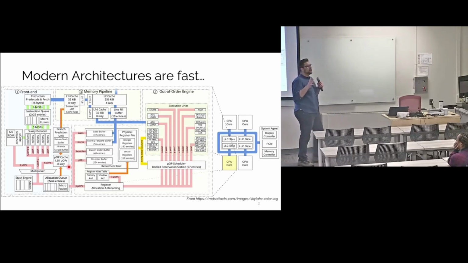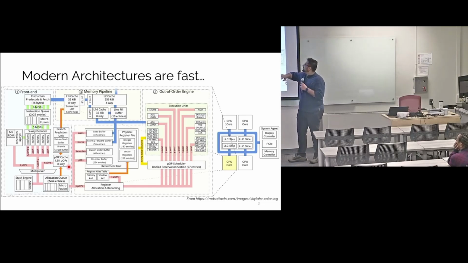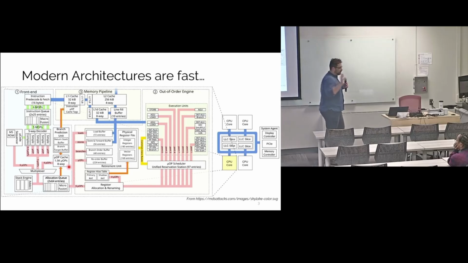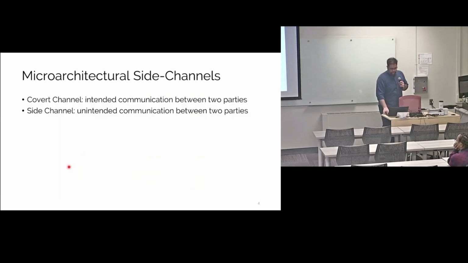These exist so that if you have loads and stores going to the same addresses, you can forward them instead of going all the way to memory and coming back. And then you have a lot of caches. You have an instruction cache, a data cache, an L2 cache, then the LLC, and several other caches that exist in the system. These architectures are fairly complicated, and they're designed to primarily improve your IPC.